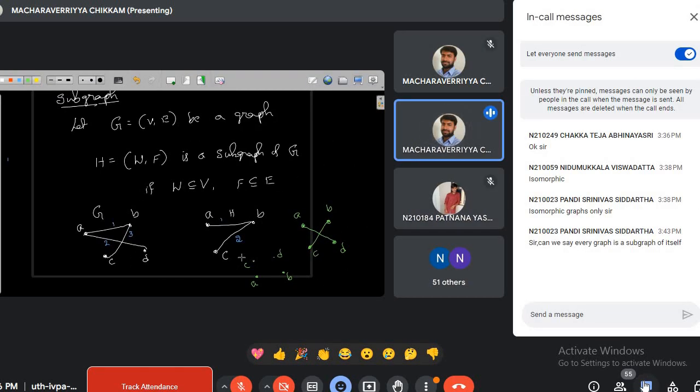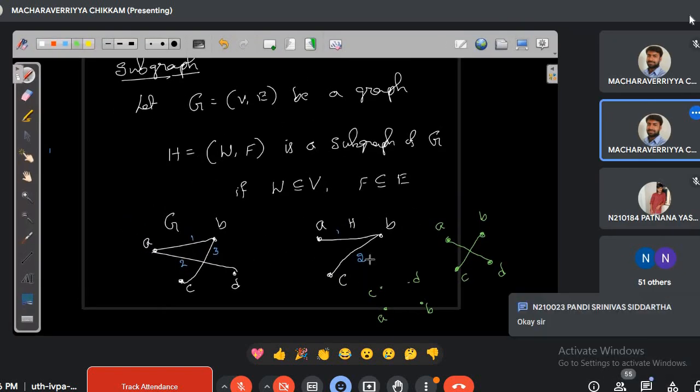What is it? Can we say every graph is a subgraph of itself? Yes, we can say that every graph is a subgraph of itself. Why? Because in that case, W equal to V, F equal to E.